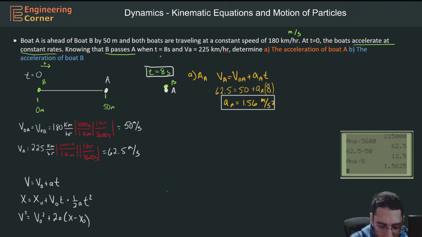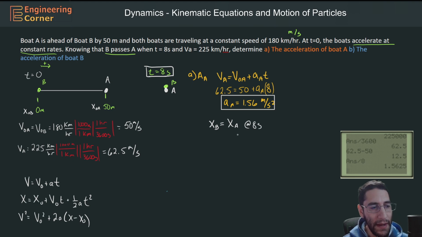And I know that because B overtakes A, the position of B is going to be equal to the position of A. And these are its final positions, right? This is the initial position of A. This is the initial position of B. But I know at 8 seconds, the x of boat B is equal to x of boat A. The positions are the same.